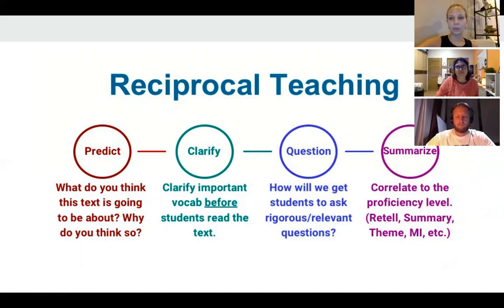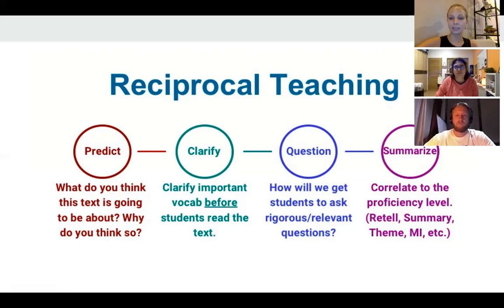Clarification happens when you are clarifying and defining vocabulary for students before they read the text, and any other questions that they may have about the content being taught. The next step is questioning. How we get students to ask rigorous and relevant questions is a very important role that the educator has in modeling this step for students.